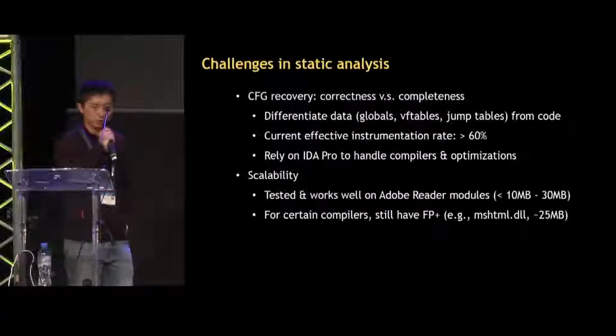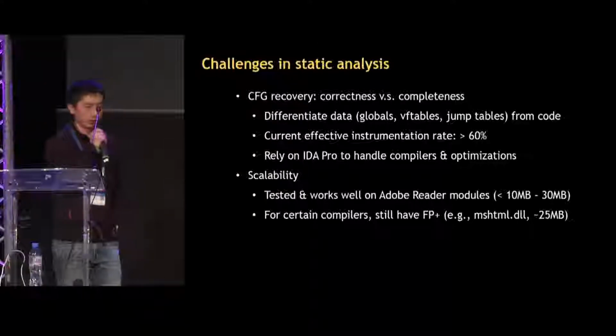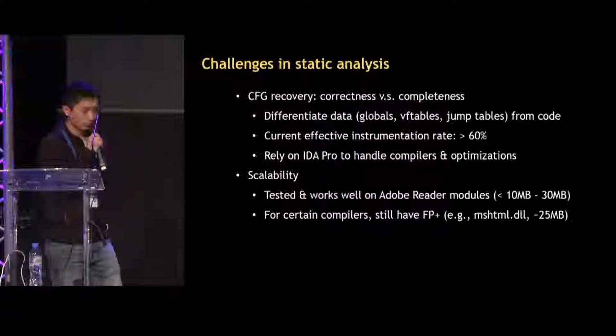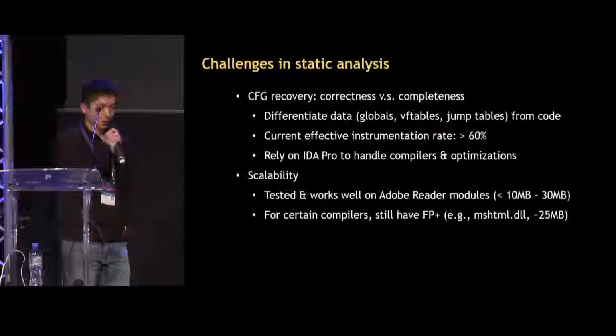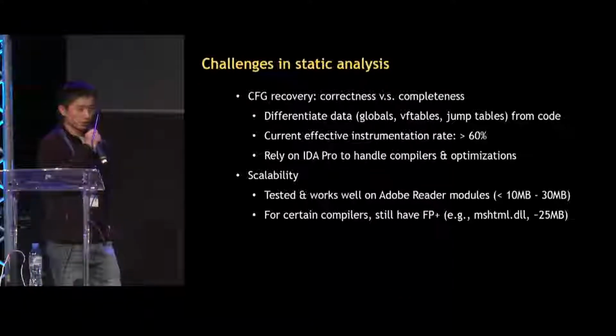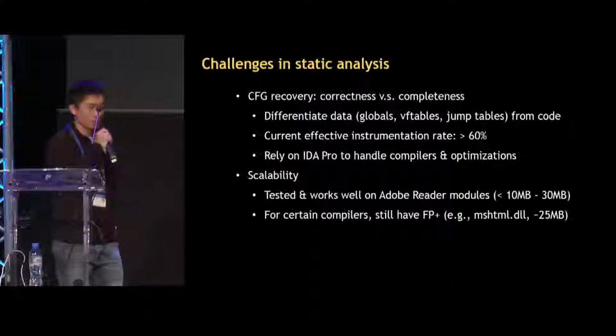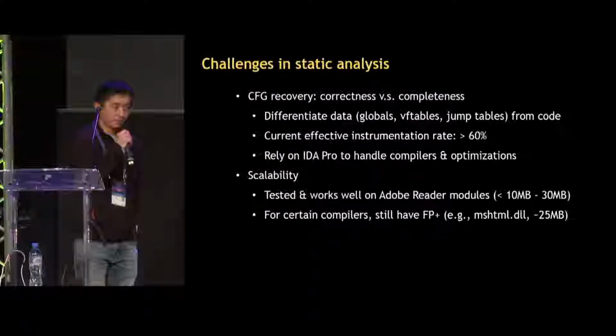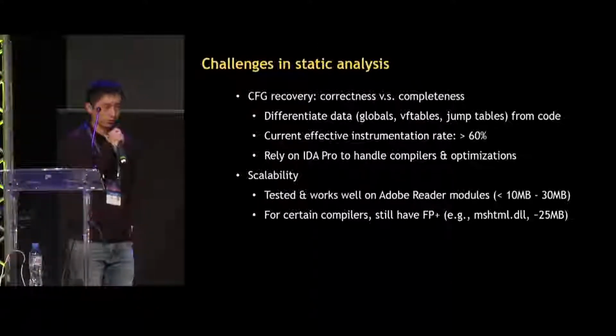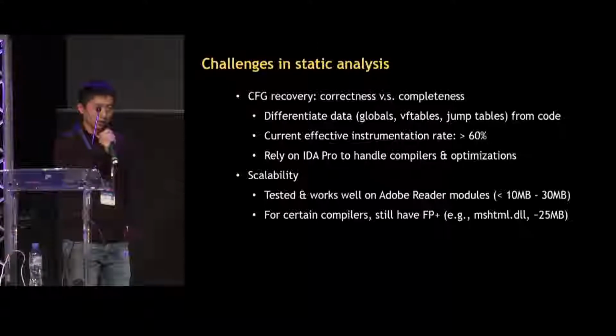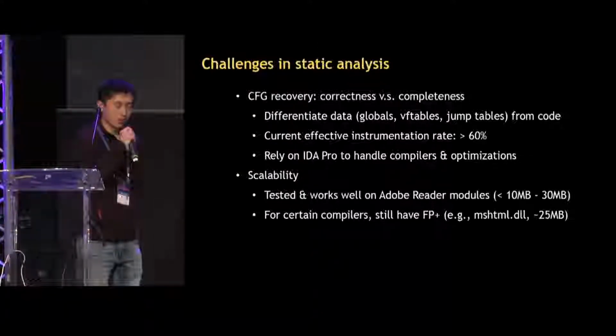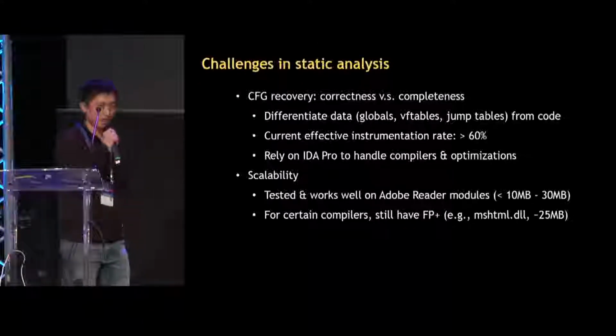So the challenge in static analysis is equivalent to recovering the CFG. Because it's actually an open problem, as far as I know, to differentiate code and data. Especially, Microsoft compilers sometimes put the virtual function tables and mix them inside the text.